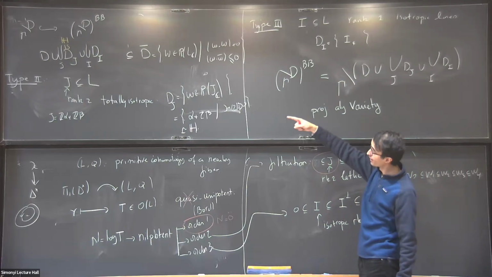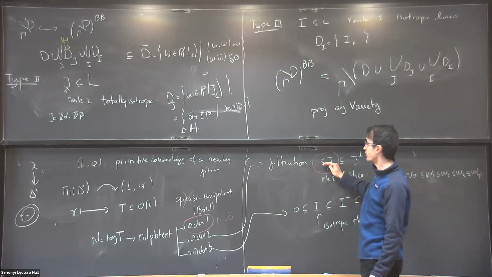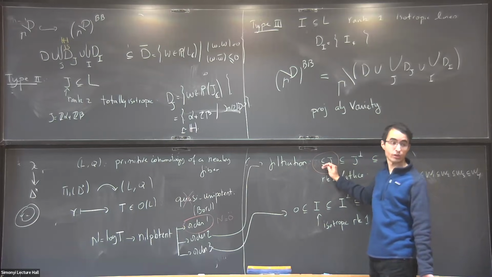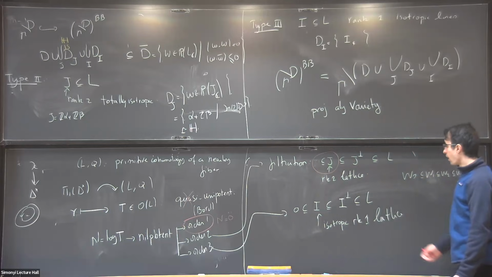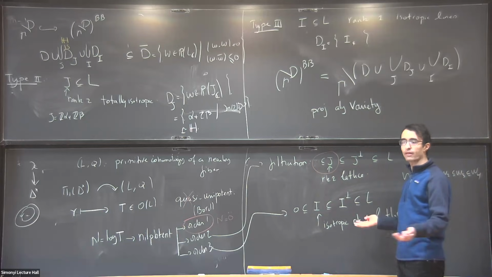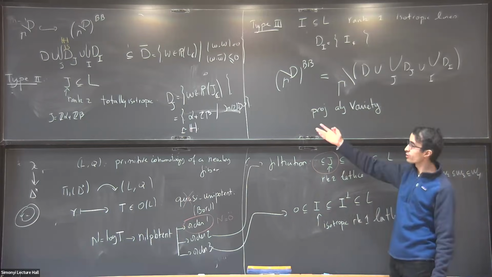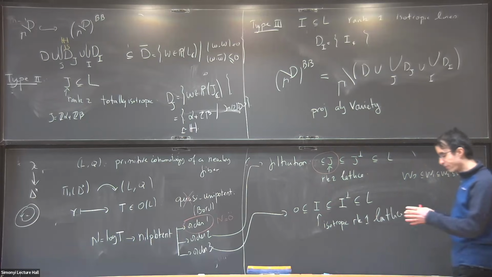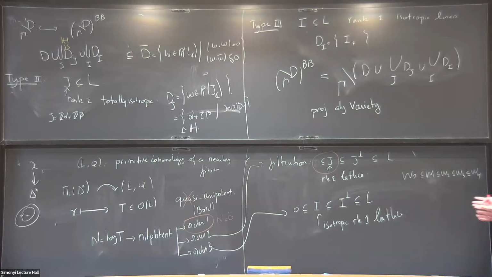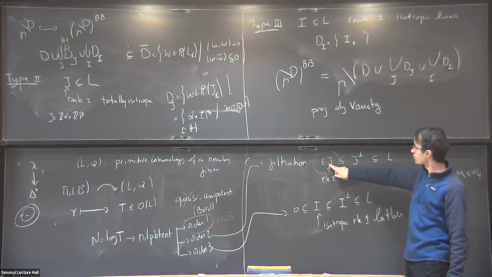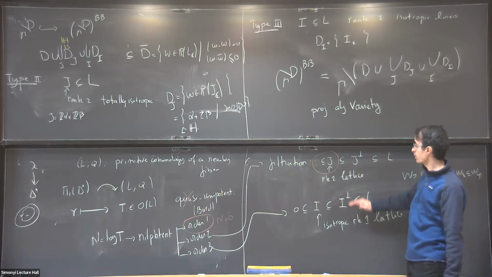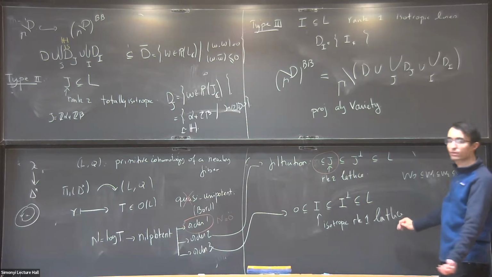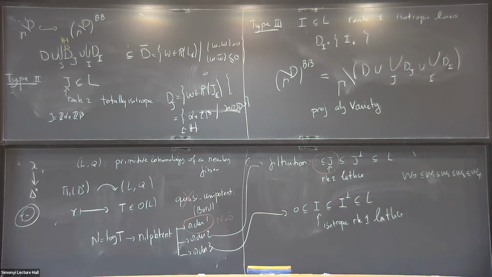And then that copy of the upper half space remembers this weight 1 Hodge structure. Here, all the graded pieces have trivial Hodge structures, so there's nothing to remember. That's why there's only a point. The general philosophy is that Baily-Borel only remembers the Hodge structure on the graded pieces. In this case, the only graded piece is J, which has a weight 1 Hodge structure, and here all the graded pieces are Hodge-Tate, so they don't have any interesting Hodge structure.